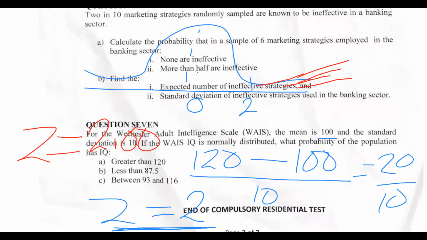Let's go to the standard normal distribution table. So you go to the table, and how do you find the table? The standard normal distribution table, you find it like this.